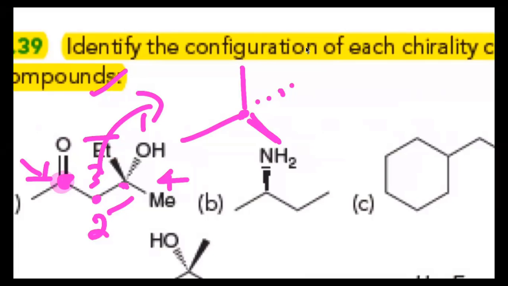And then the OH and the methyl group are going to be here. Because you want 1, 2, and 3 to be facing you. So I'm going to put this as, this was 2, this was 3, that was 3, this was 1, and this was 4. Is that right? Yes. Right.